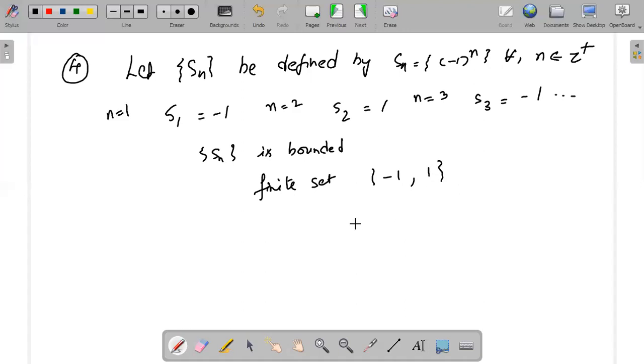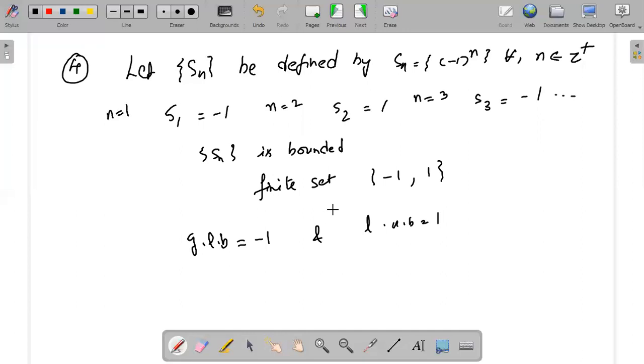The greatest lower bound is minus 1, and the least upper bound is 1. So we'll see some more problems.